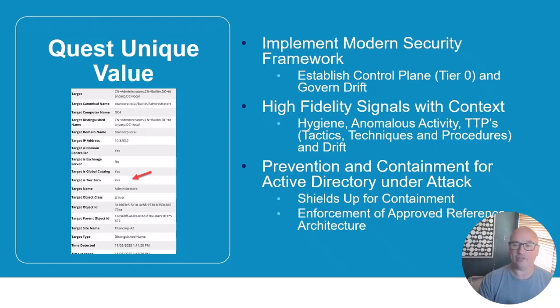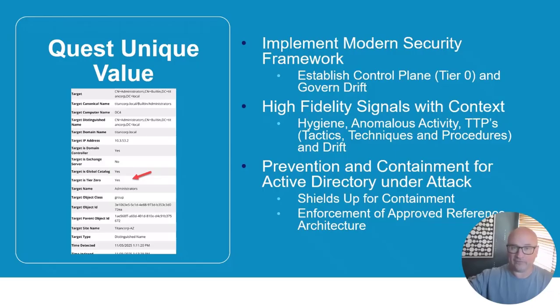Another unique thing we have within Security Guardian is drift of your control plane. Likely you're spending a lot of work to try to secure your environment, but every day changes are happening, and one bad misconfiguration can create a relationship to the control plane.